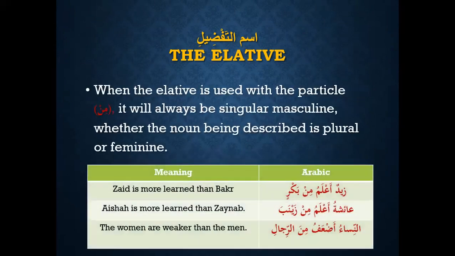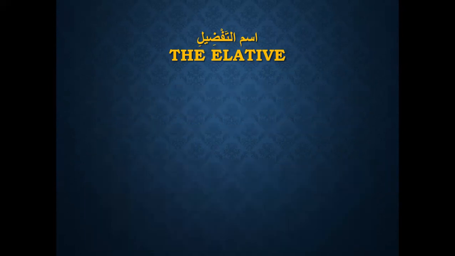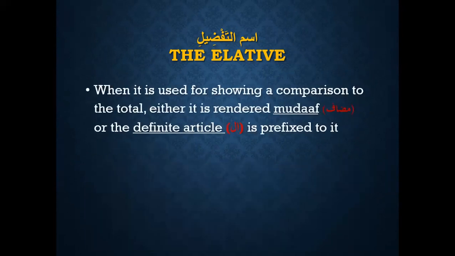Or in that case, keep this with min, whether it is for feminine or for plural, it doesn't matter. You always use the same word, af'alu scale, a'lamu, for example. Even for feminine, Aisha a'lamu. Even for plural, an-nisa'u ad'afu. So you still use a singular masculine form.